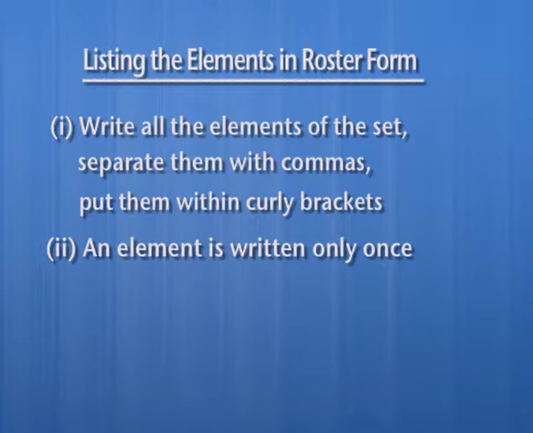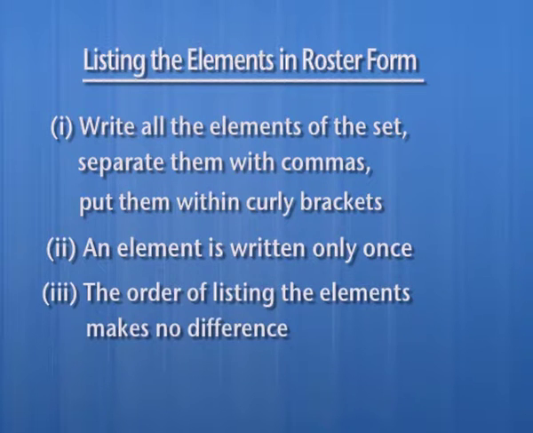We never write the same element again. Number 3, the order of listing the elements make no difference. Suppose someone asks me to write down the set of all the workers working in a factory where we have got near about 20,000 workers.